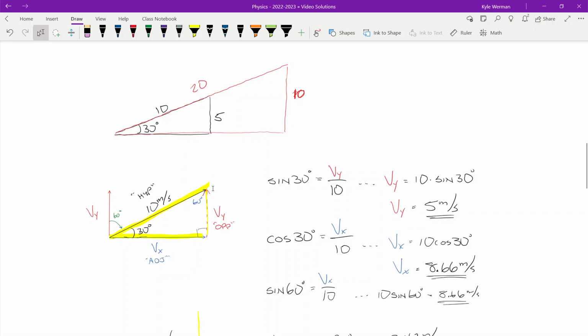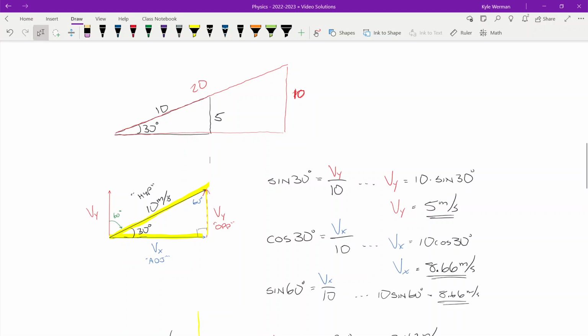When we solve projectile motion problems, we want to look at how it's going in the horizontal direction, the x, and what's happening in the y. However, this 10 meters per second is kind of in both, but it's not all 10 in the x and all 10 in the y. It's only some of it. This is where these trig functions come into play.